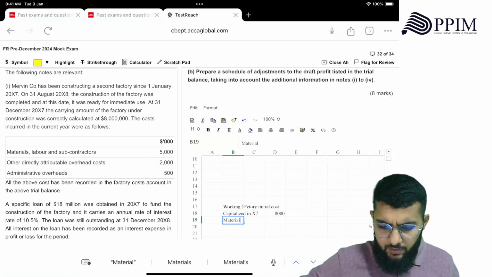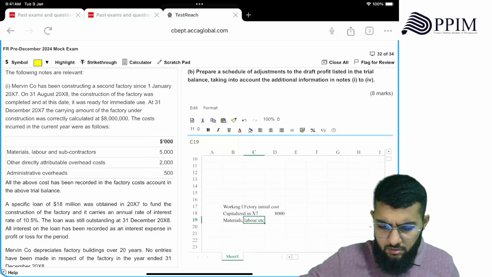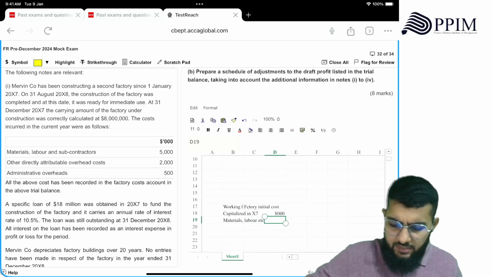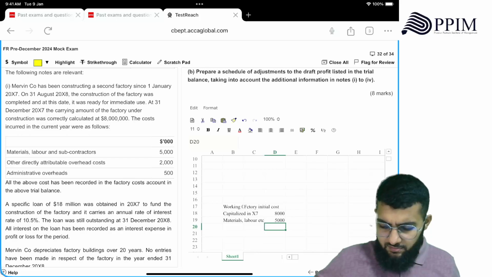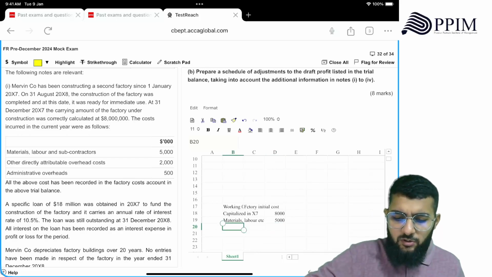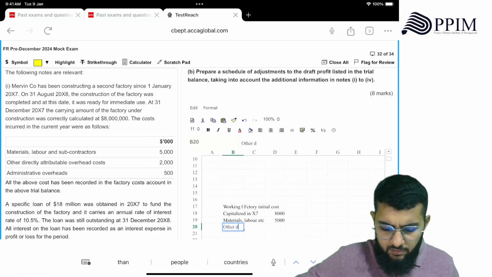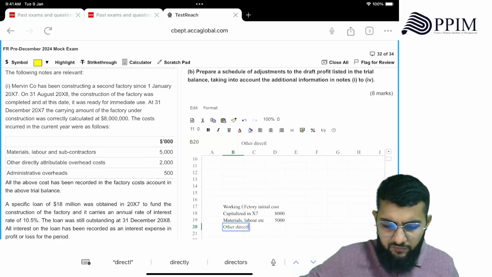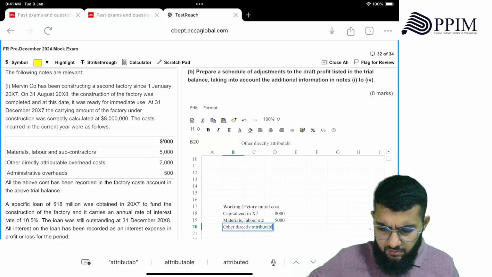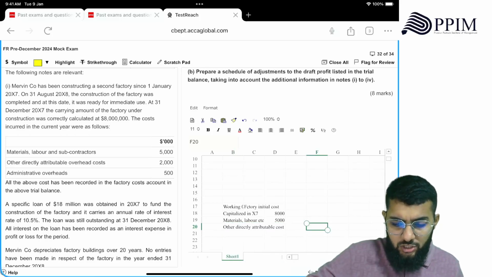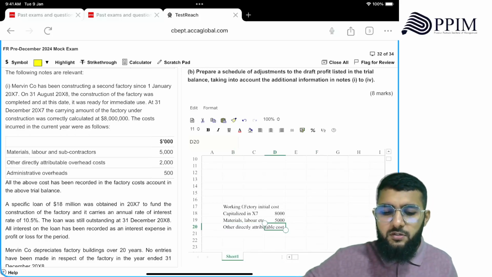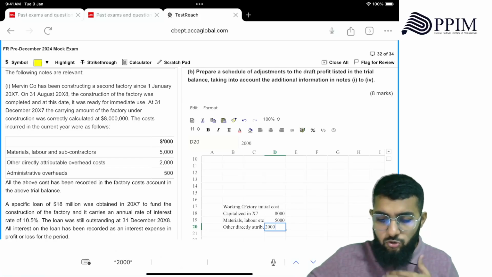Materials, labor, etc., you have to capitalize 5,000. Then other directly attributable cost: IAS 16 says you have to capitalize. Now this is for a construction, costs incurred for a construction, 2 million.